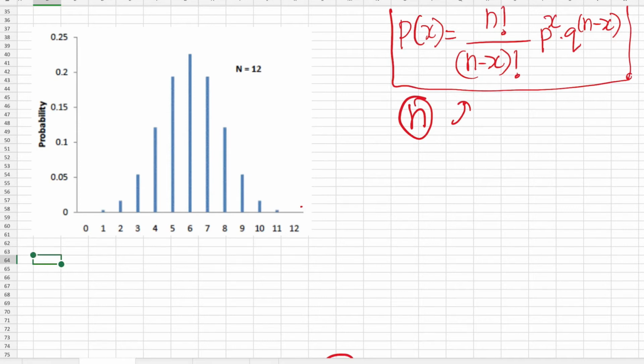If we talk about the second limitation, it is that the binomial distribution is discrete in nature. By discrete, what I mean is, let's talk once again about this specific use case where we are tossing a single coin 12 different times, and we are interested in finding the probability of getting 7 successes, meaning 7 heads in this experiment, or 8 or 9, or somewhere between 0 and 12.